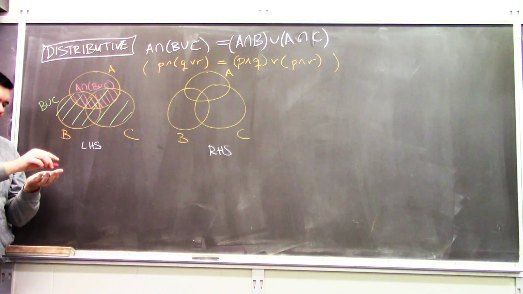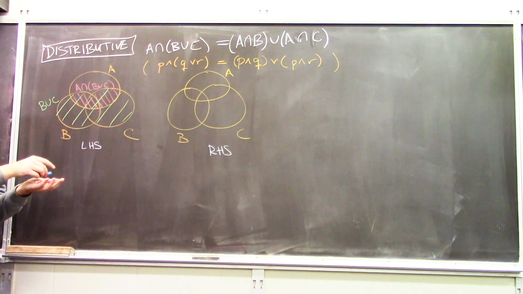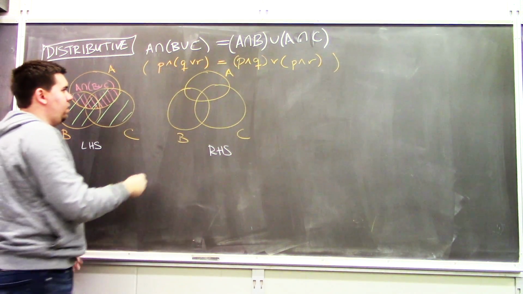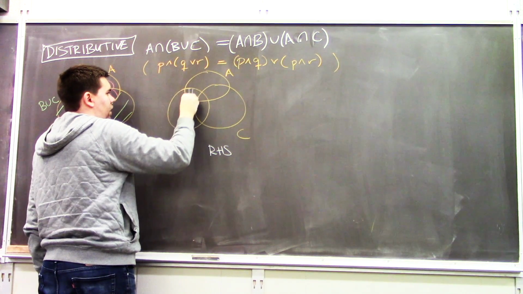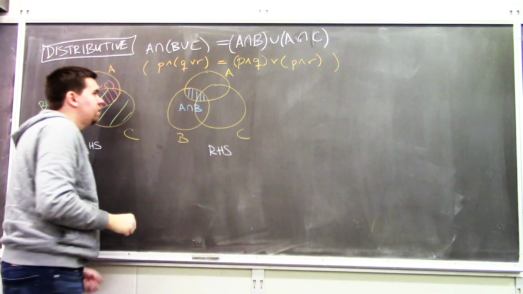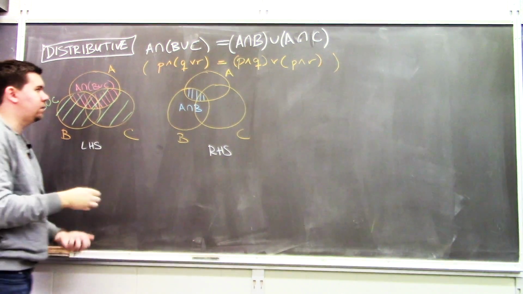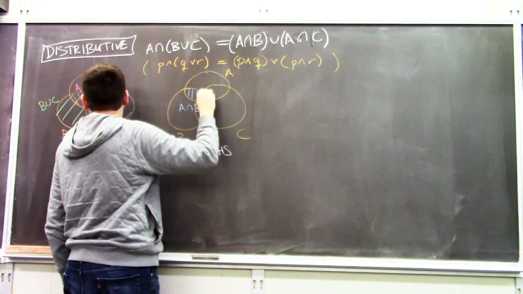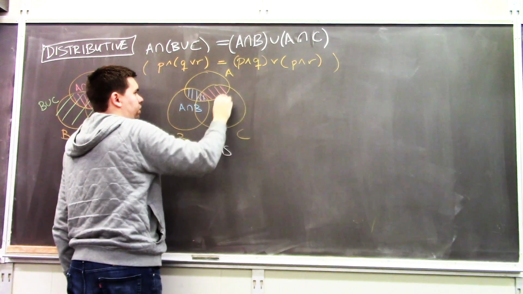On the right-hand side, you have two pieces. You have A intersect B, which is this piece right here. Then you have A intersect C, which is this piece right here.